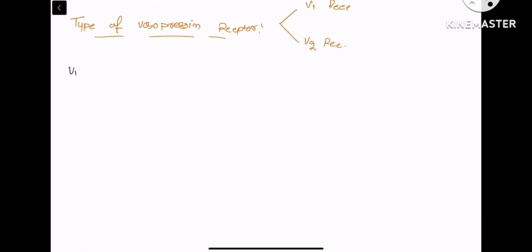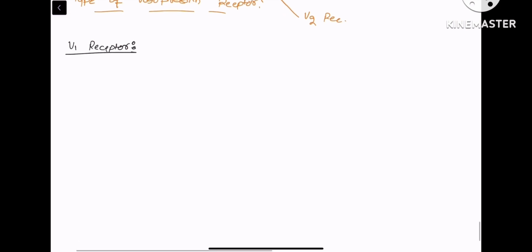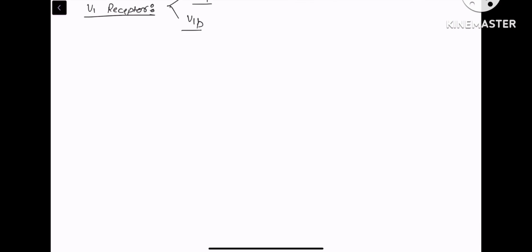Now discuss the V1 receptor. V1 receptor again has two subtypes, V1A and V1B. Now we discuss location.